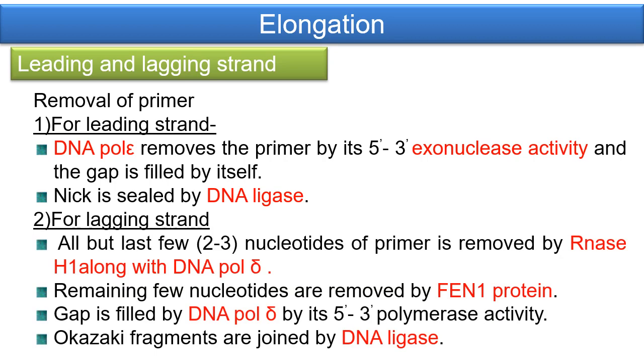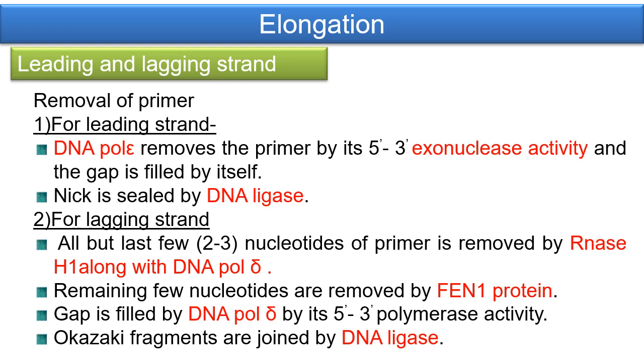The mechanism of removal of primers from lagging strand is still uncertain. However, the most accepted theory I am explaining here: the RNase H1 protein along with DNA polymerase delta removes all the nucleotides from primer, but is unable to remove the last 2 to 3 nucleotides from the primer.